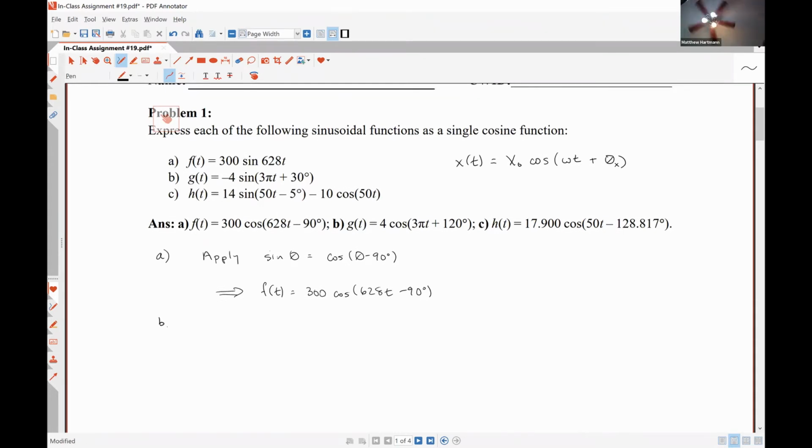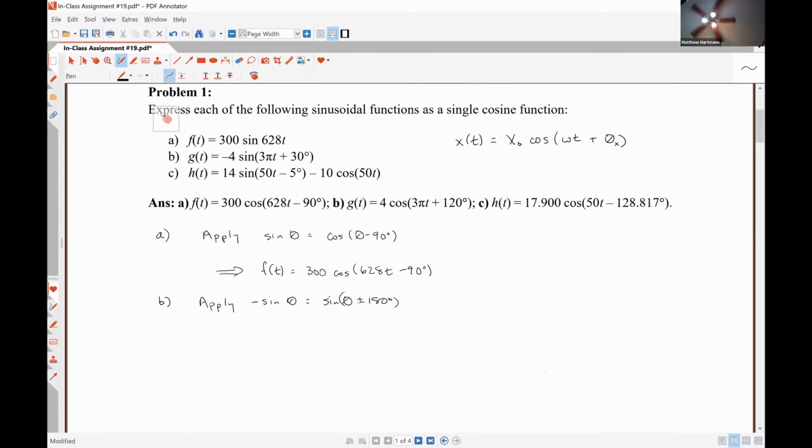For part B, we have g of t is equal to -4 sine 3 pi t plus 30 degrees. So we're going to have to apply two trig identities. First we can apply negative sine of theta is equal to sine of theta plus or minus 180 degrees to get rid of the negative sign, which gives us g of t is equal to 4 sine 3 pi t plus 210 degrees.